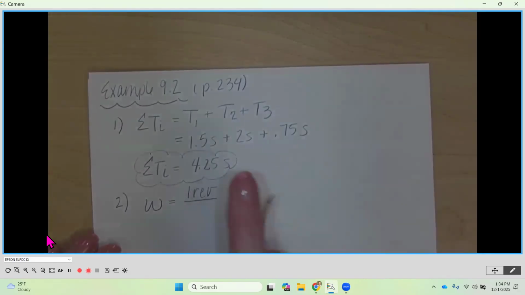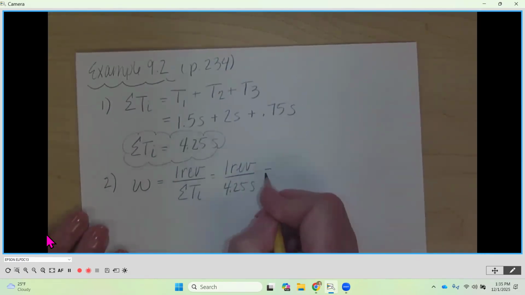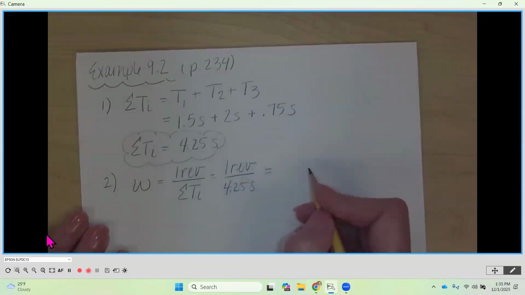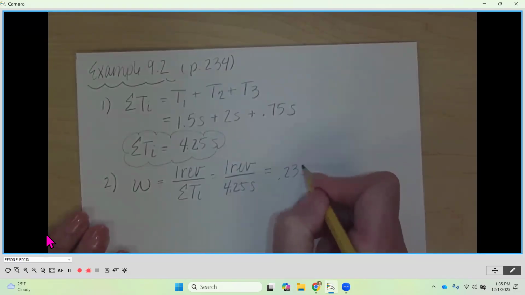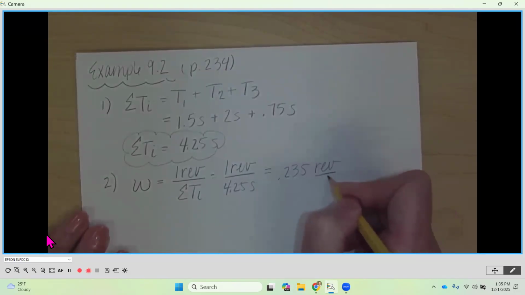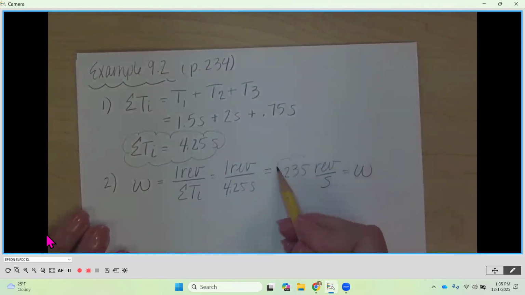That time is the summation of Ti. So we know that 1 revolution is going to be in 4.25 seconds. If we divide that, we get 0.235 revolutions per second. It's going to be equal to our W. I'm going to put my little circle around that one.